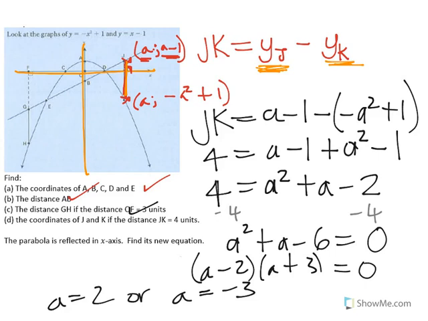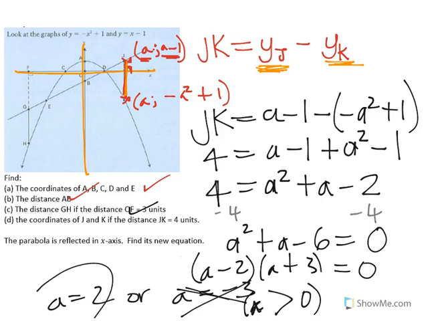And because we can see that J and K are on the positive side of the x-axis, this is not a solution, because a is bigger than 0, so a can't be equal to negative 3.